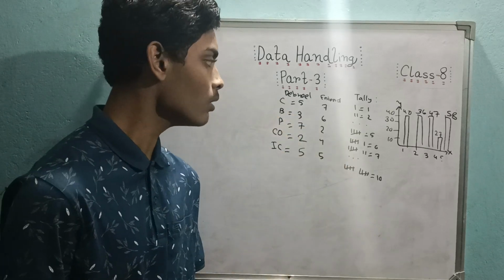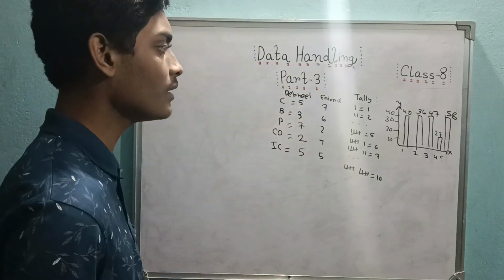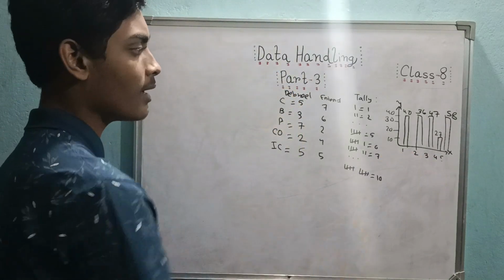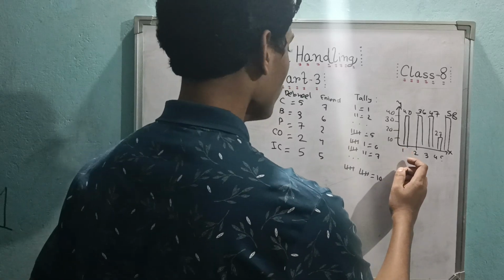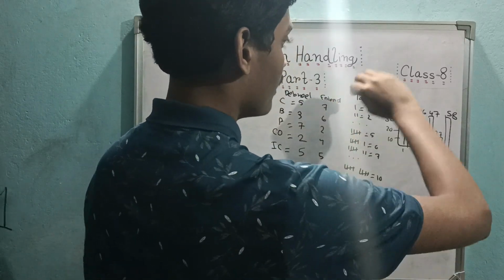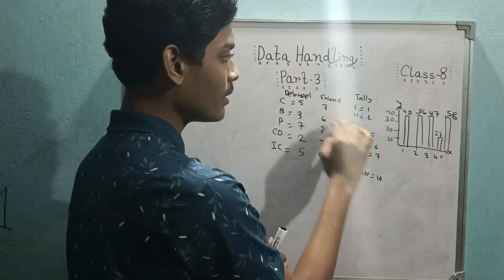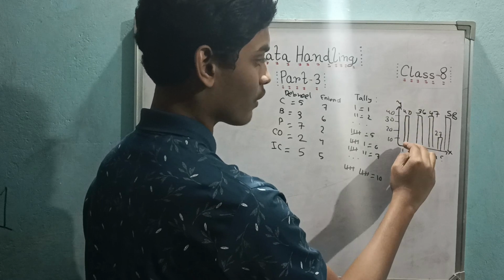In my data column, the things that can be eaten are the data values. Separately, I will write for each data value. I have eaten up to 5, so on the y-axis up to 5. Just beside that item, how much my friend ate? 7 times. So just beside that up to 7.